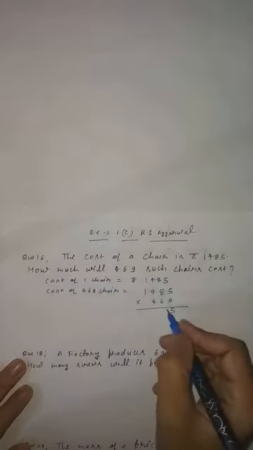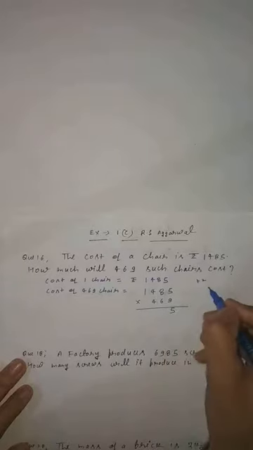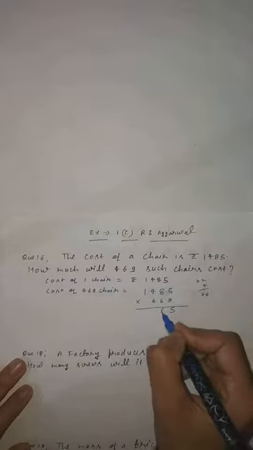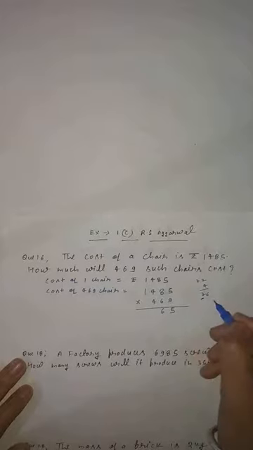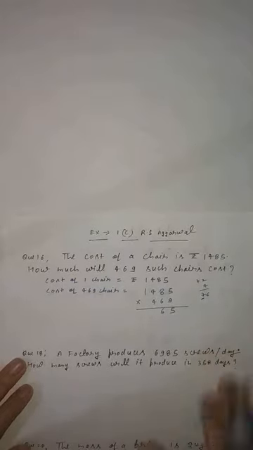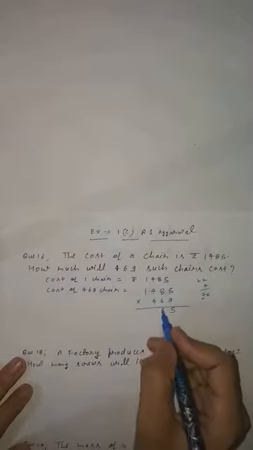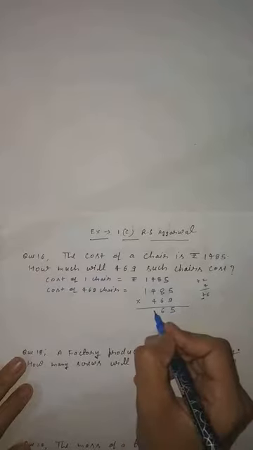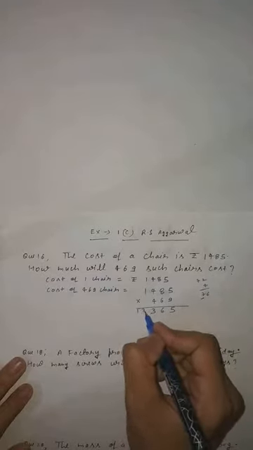So 6, then 9 fours are 36, 36 and 7 carry. Clear, students? So 9 fours are 36, 36 and 7 is 43, and 9 ones are 9 and 4 is 13. Clear, students?